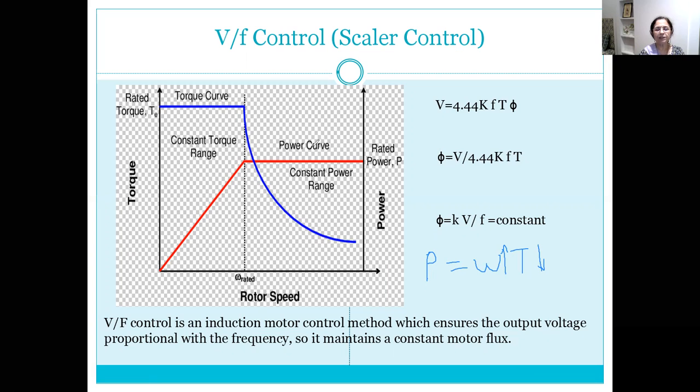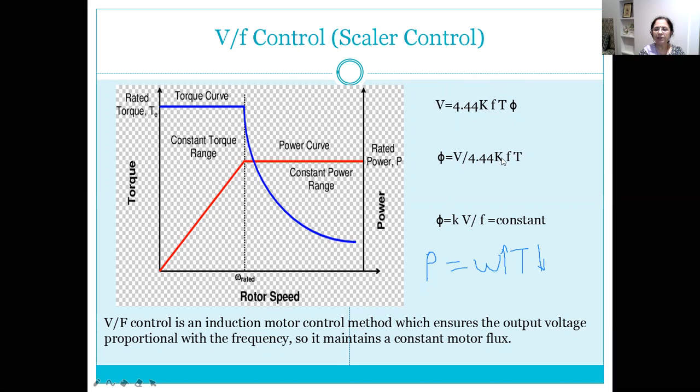Okay. Once we understand this, now we can try understanding the V by F control method. This is the expression which is well known to us. Input supply voltage can be written as a constant 4.44 into K into frequency into number of turns and flux. Out of this expression, we are aware that all these terms remain constant except for frequency and flux.